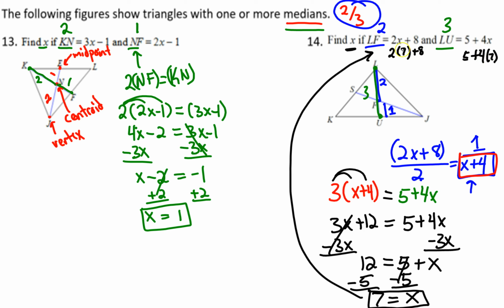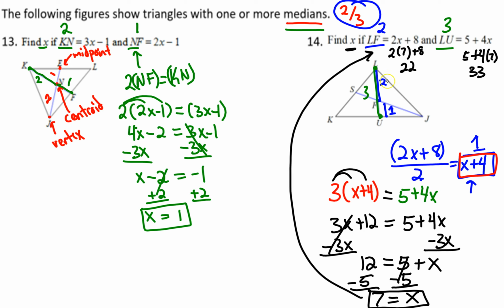So let's simplify these real quick. 2 times 7 is 14, plus 8, that's going to give me 22. And then on this one, 5 plus 4 times 7, which is 28, plus that 5 is going to give me 33. So would those two numbers, 22 and 33, make sense?